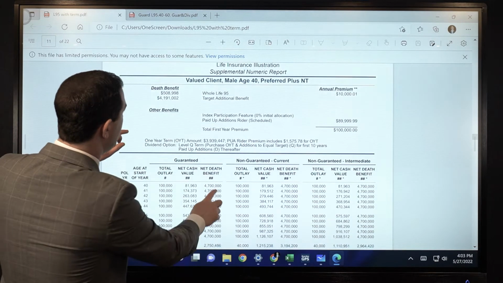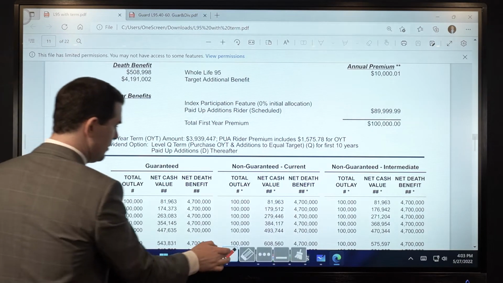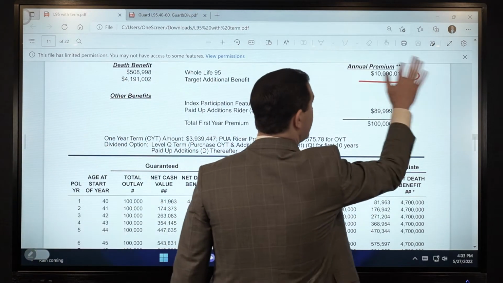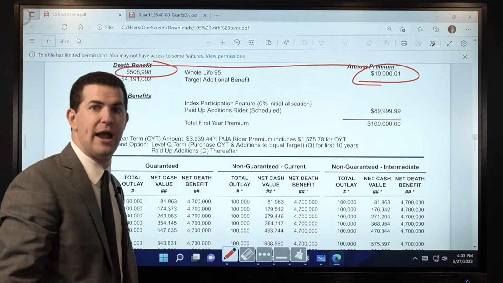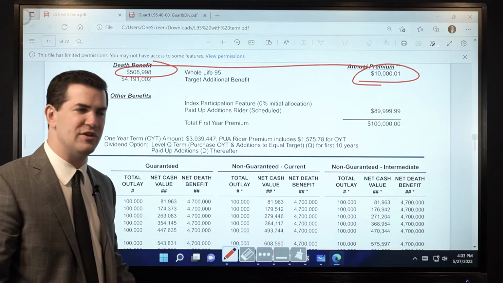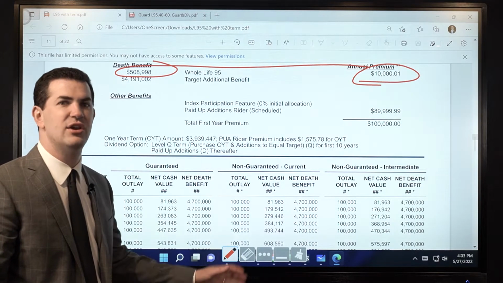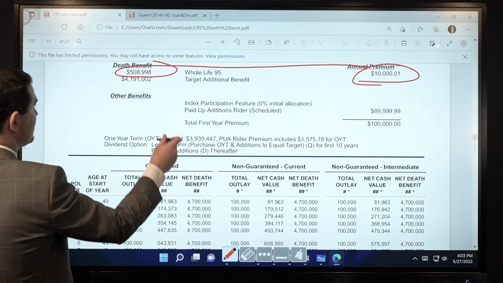So here we go. Where's the money going? 10K base premium buys me a whole life death benefit of just over $500,000. If I stop there, that gives me a MEC limit for this particular individual in this case, just over $20,000. I'm sorry, just over $25,000.